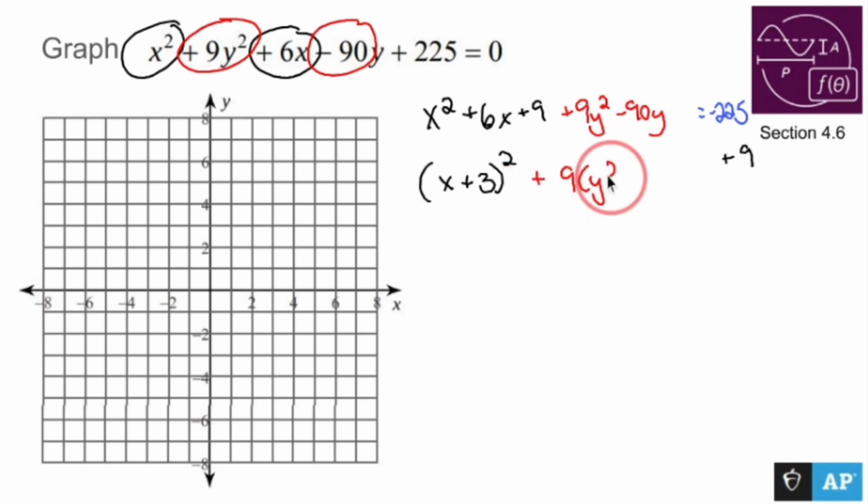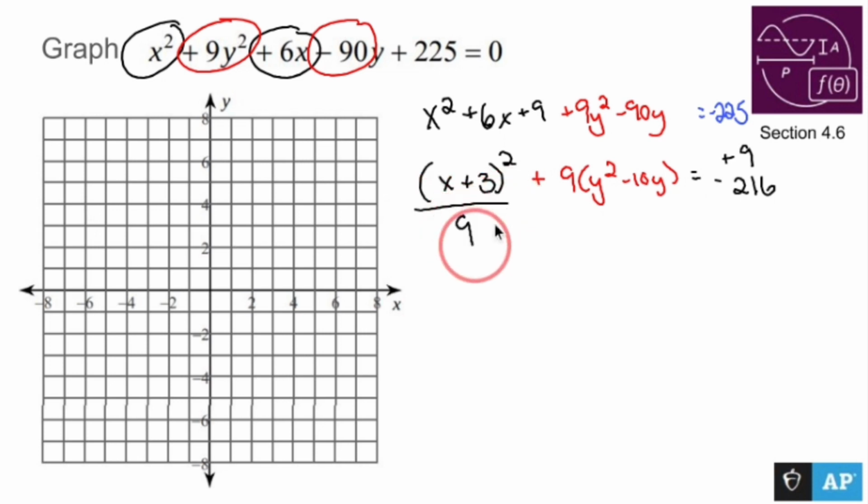Y squared minus 10y, and I'm going to set that equal to negative 216. Okay. Right now, I'm going to divide everything by 9. I'm doing that to get rid of this guy.